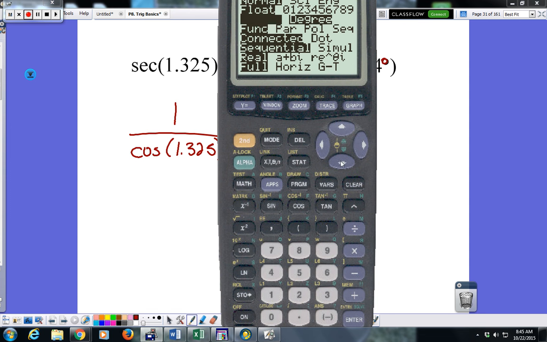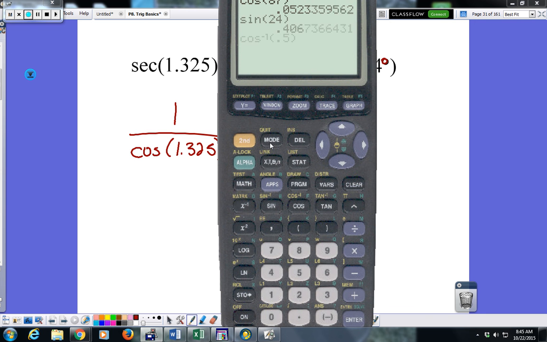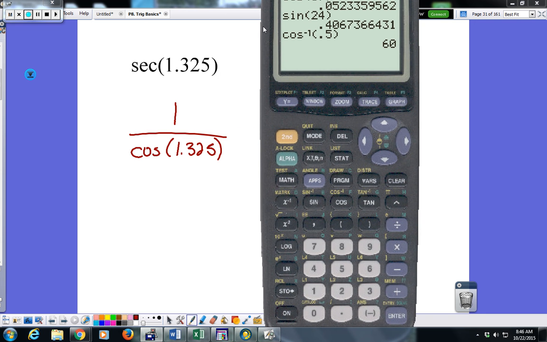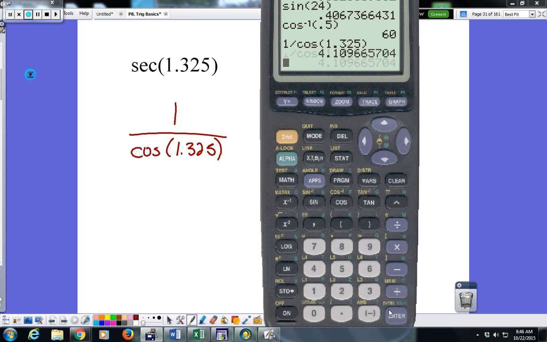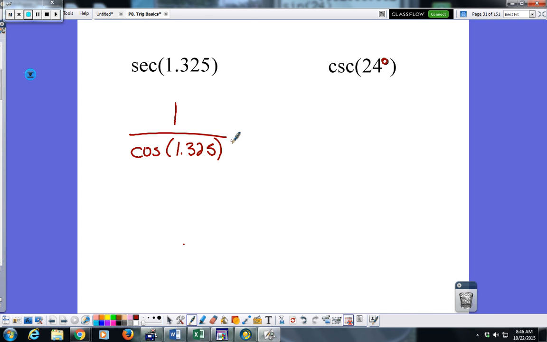To find the secant of something, that would be 1 divided by the cosine of that same thing, 1.325. And you should get about 4.10. My bad, I threw out a radian problem.